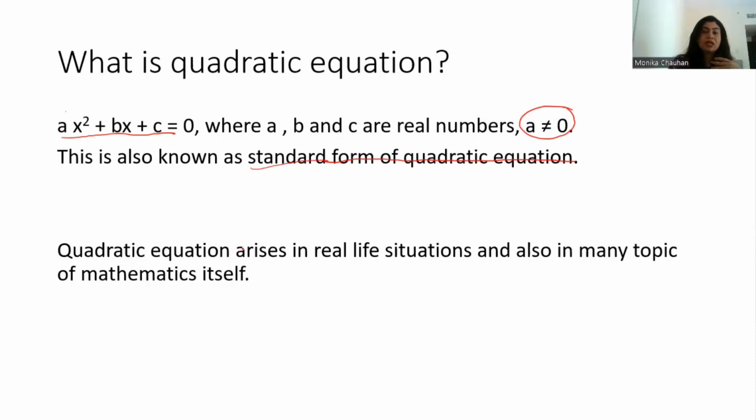Okay, so in this topic, you are going to know the different types of polynomials, especially you will study the quadratic equation, and also you will see the different ways of finding its roots, okay? And its application is also very important. You will see it in word problems. So quadratic equations arise in real life situations and also in many topics of mathematics itself.